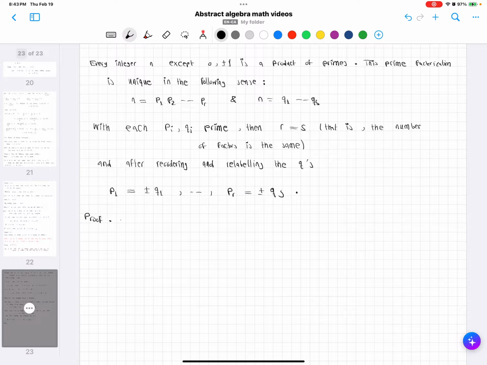So let's prove it. By Theorem 1.7, we have that n can be factored as a product of primes.